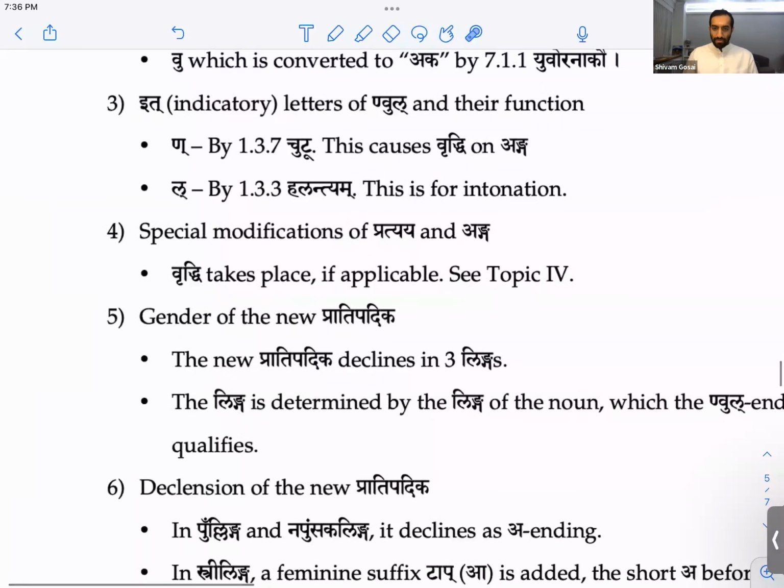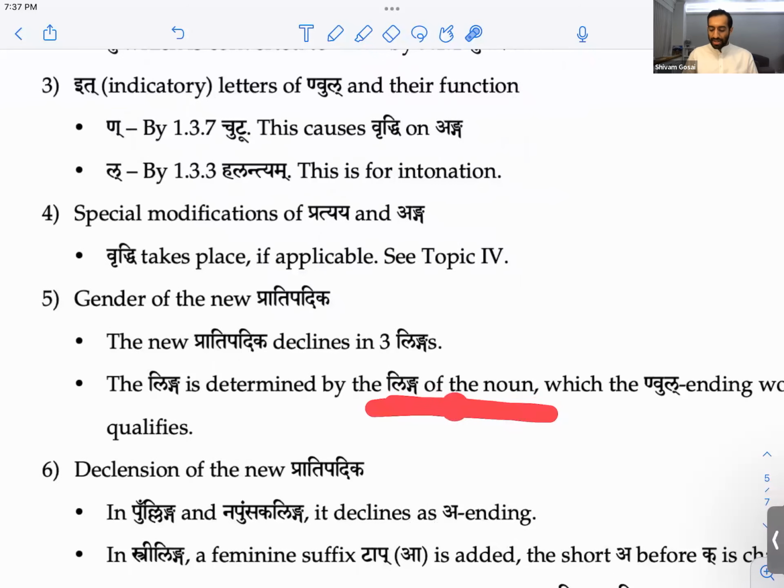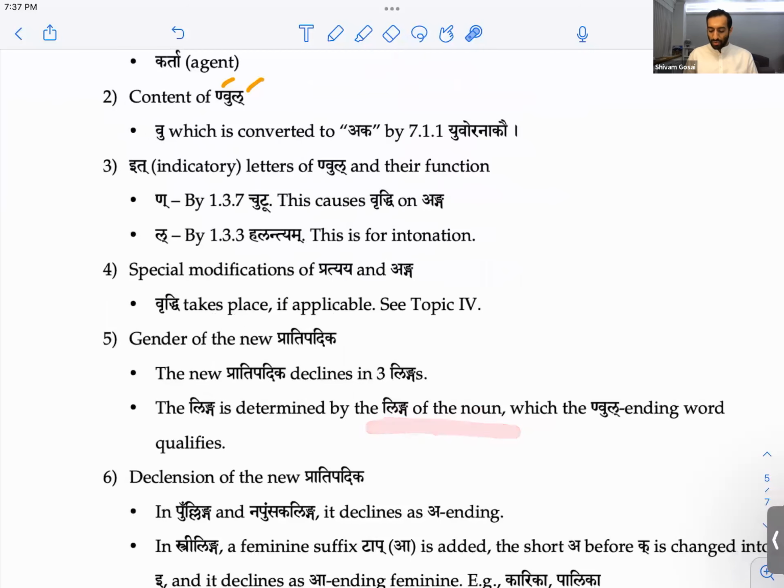One thing to remember is that Vriddhi can take place. We'll see some examples of this. And the gender: the new Pratipadika declines in 3 lingas, all 3 genders, Pumlinga, Strilinga, Napumsakalinga. And it's determined by the linga of the noun which the word is qualifying. Depending on what it's referring to, that's the gender it'll take.